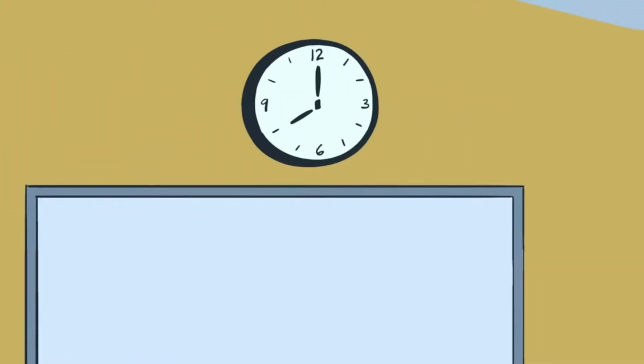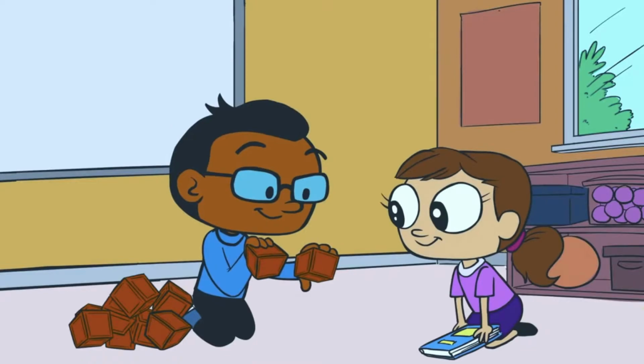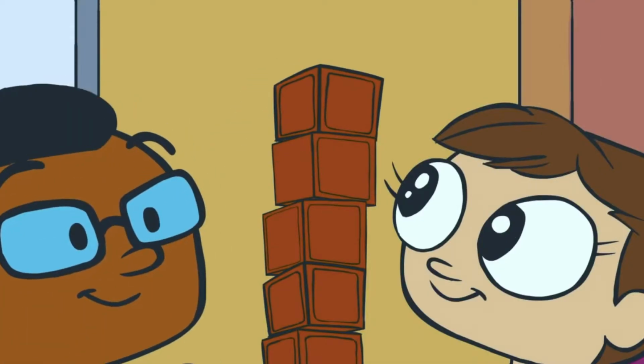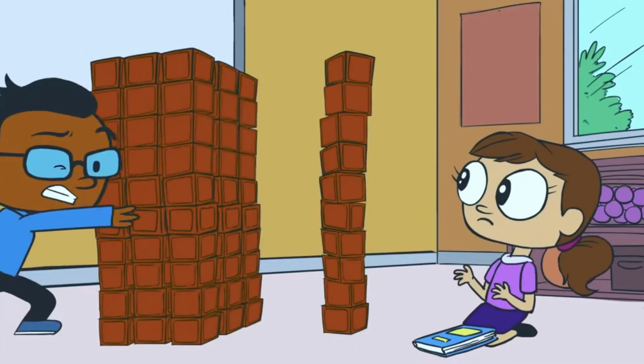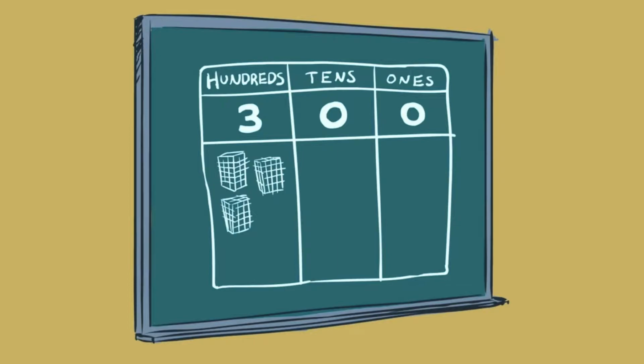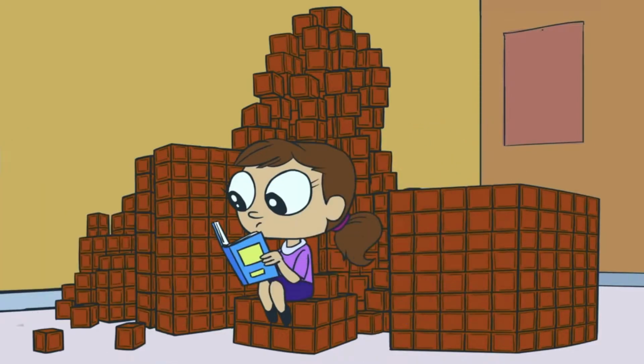After the bell rang at 8 o'clock, I started playing with my base 10 blocks. I stacked up 9, and then one more made 10, and then 10 tens equal 100. 200, 300, 400, 500, 600, 700, 800, 900.